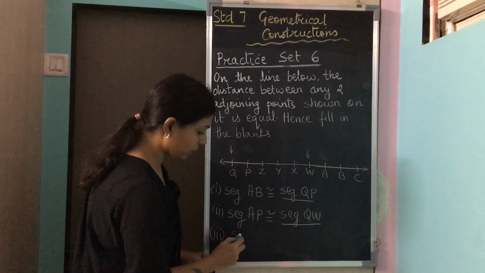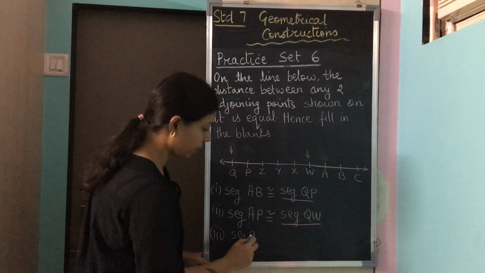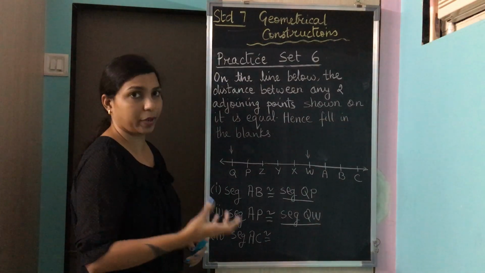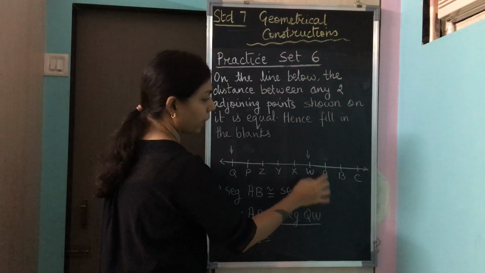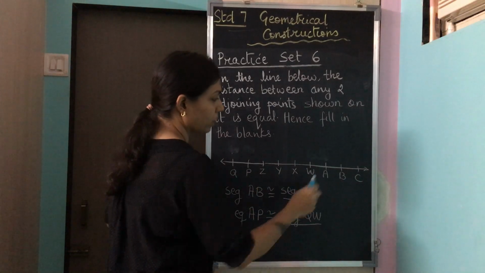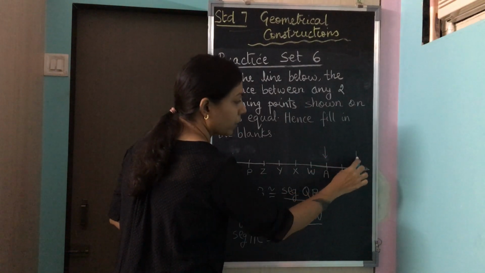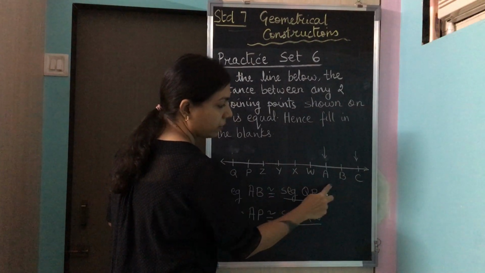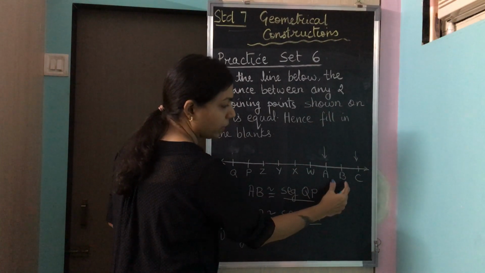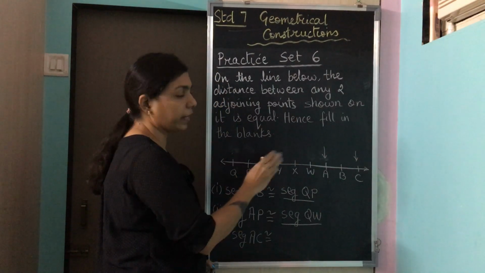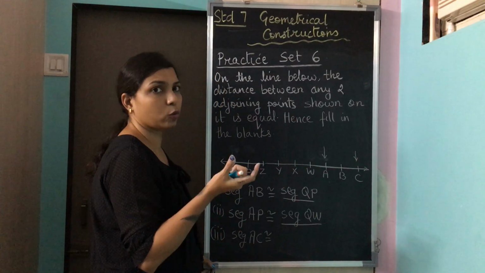The next one is segment AC. Okay, segment AC, let's see how many units it is made up of. I'll just rub this out. The point A is over here, the point C is over here. In between A and C, how many units do you have? You've got 1, 2 units. Okay, so I can now select any other segment which is also of 2 units.